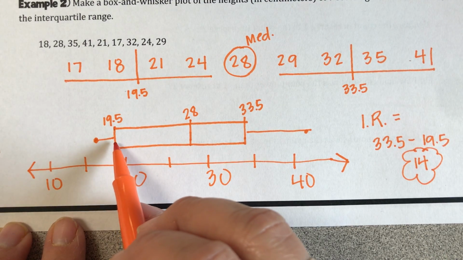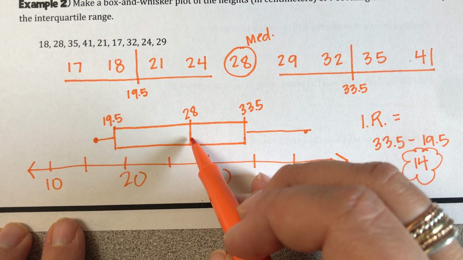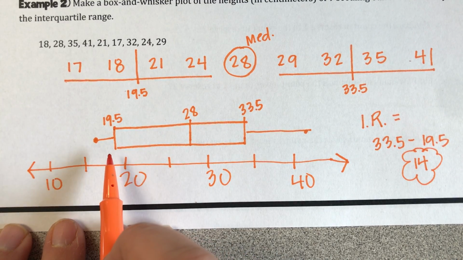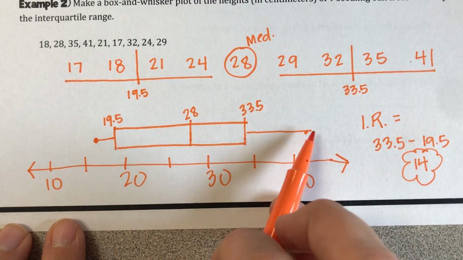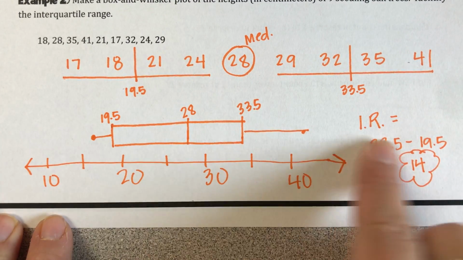So like 1/4 of my data is below 19.5. Half of my data items are below 28, right? So would it be correct to say 75% of the oak trees were taller than 19.5? Yes, right? So 19.5, 3/4 of them, right? This is a quarter. 1, 2, 3/4 are above 19.5.